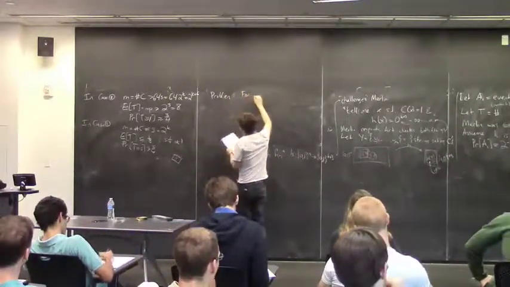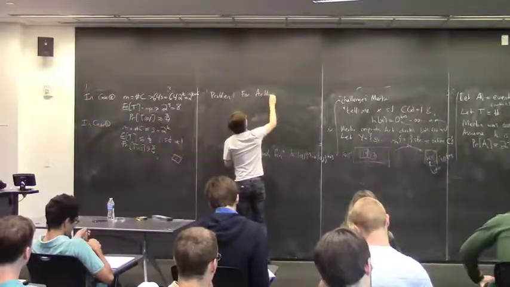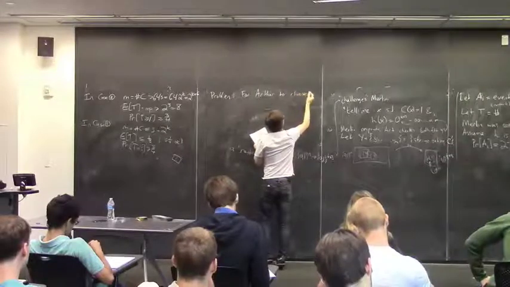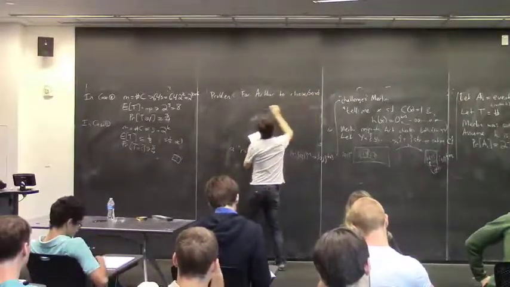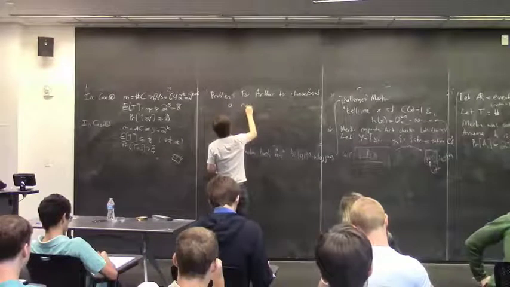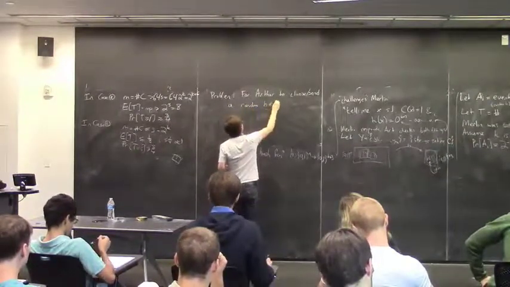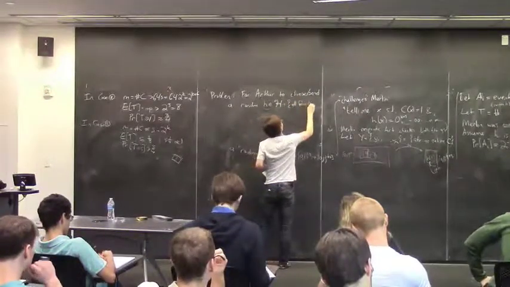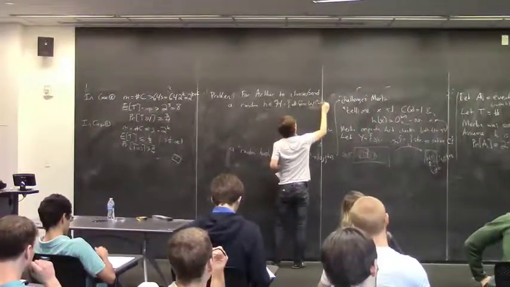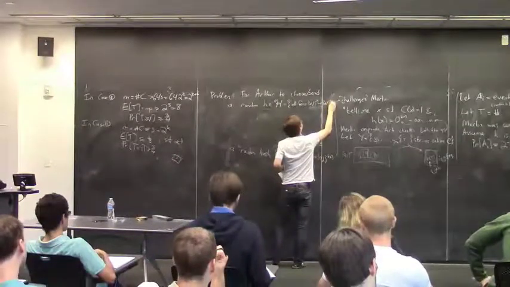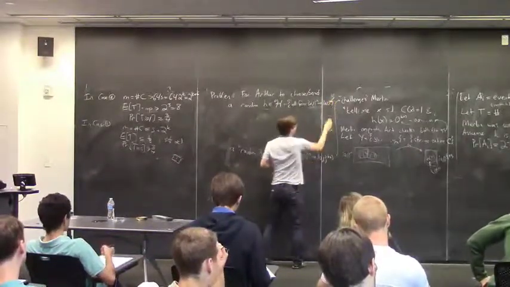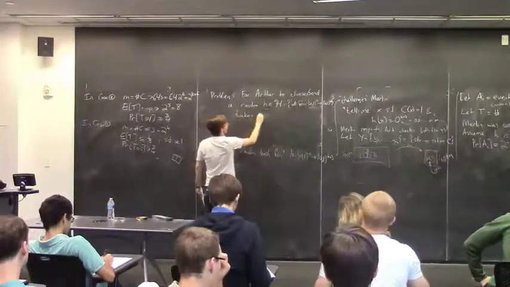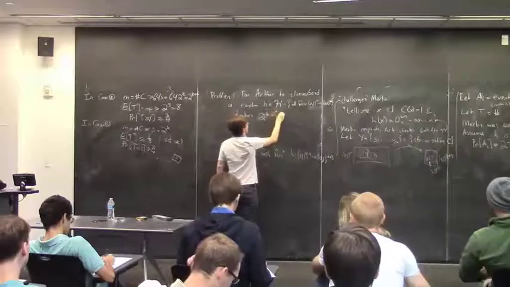For Arthur to choose and send a fully random h, and let me say script h being the set of all functions, we just change to k now, even though it's k plus 3, but well, that takes 2 to the k times 2 to the n bits.